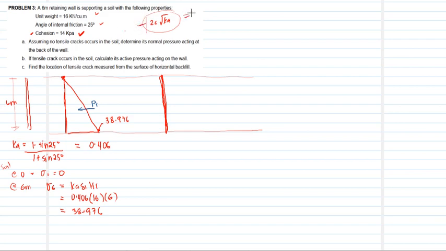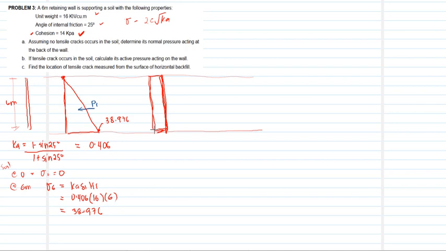So, if maalala nyo, yung equation natin, that is equal to the pressure natin minus the pressure natin due to our cohesion. So, ima-minus natin siya. Okay? So, yung cohesion natin is on the right side kasi this will cause our wall to have a crack.